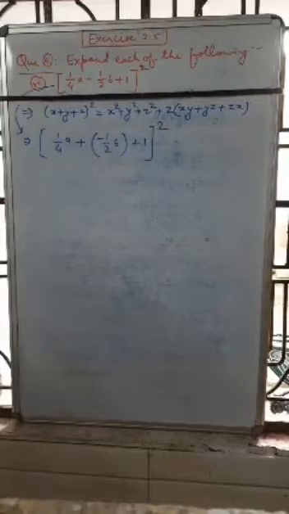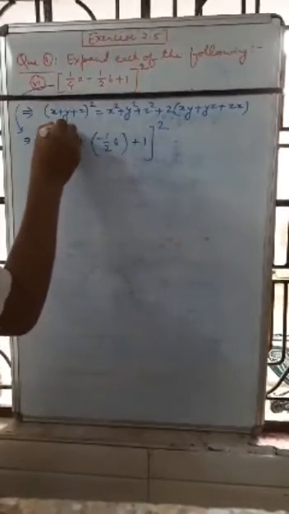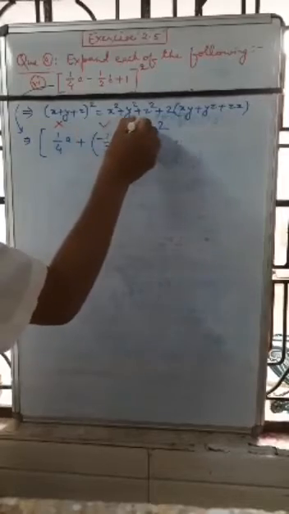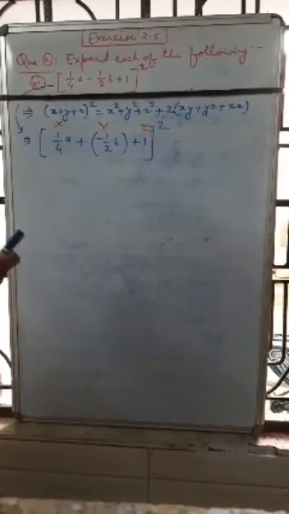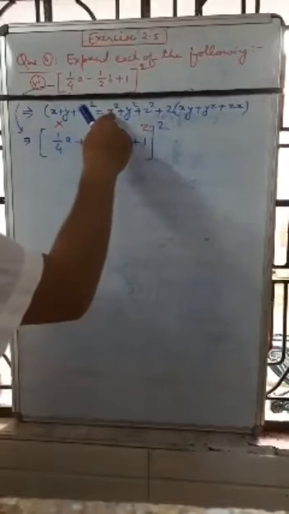So it is x, y, and z, where x is equal to 1 by 4a, y is equal to minus 1 by 2b, and z is equal to 1.